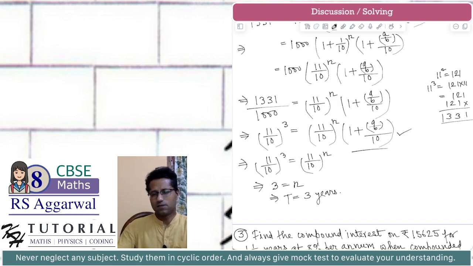Now, if 1 plus a by b divided by 10 has to be a power of 11 by 10, then obviously this whole thing either has to be 11 by 10 or it has to be 1.